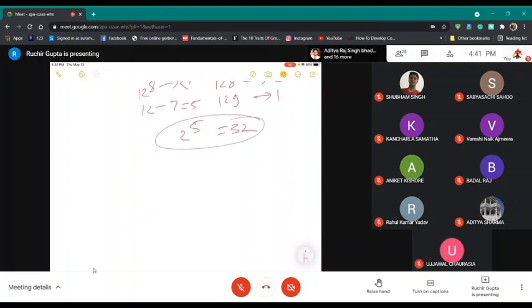Fine. So you are having a 16-bit address. That 16-bit address will be divided into 3 parts. One will be used for word, another will be used for block, and another will be used for tag.